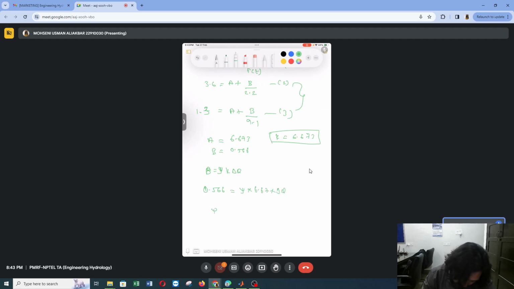So from there we can get the value of psi delta theta. We got the value of K, and we got the value of b. So they have asked us to determine the values of a and b.